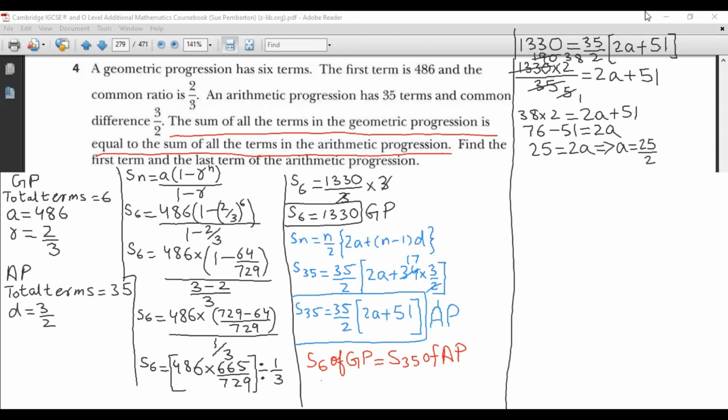So the final answer of A will be 12.5, and this will be the final answer as it is asked. That is, what is the first term? The first term for AP is coming 12.5.